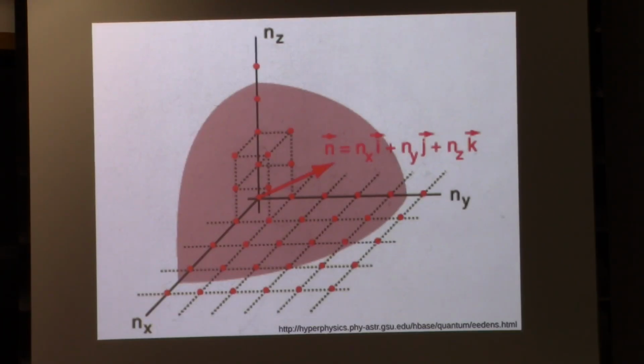Now, having said all that, we're going to instead think in terms of k-space. In other words, rather than nx, ny, nz, we're going to go into k-space and talk about k sub x, k sub y, and k sub z.